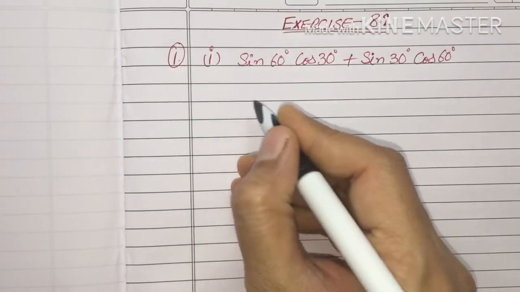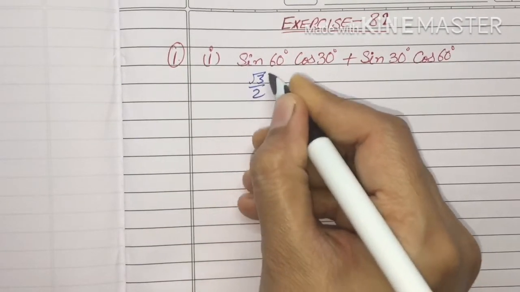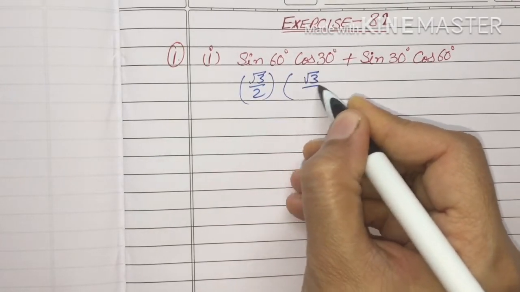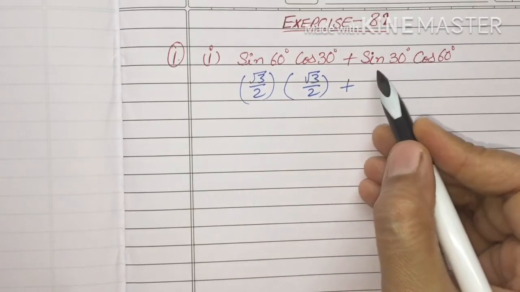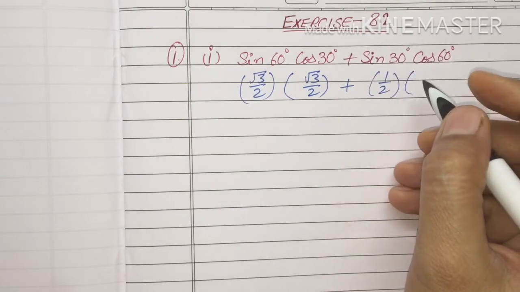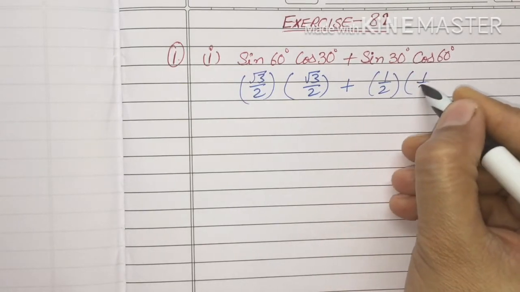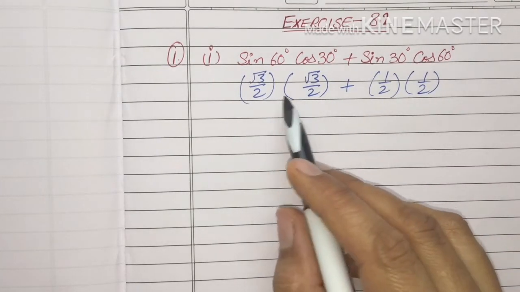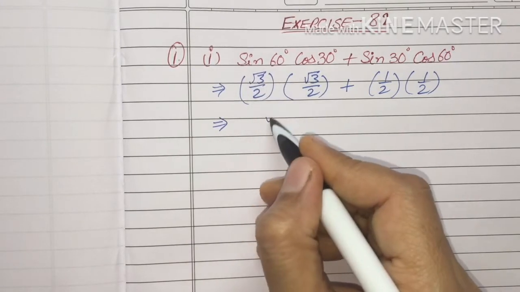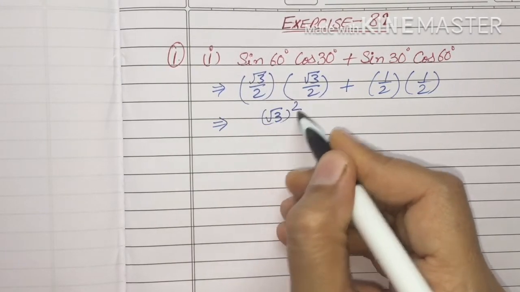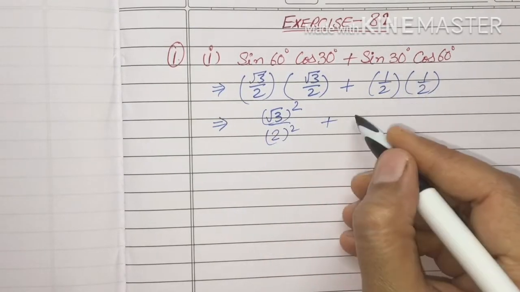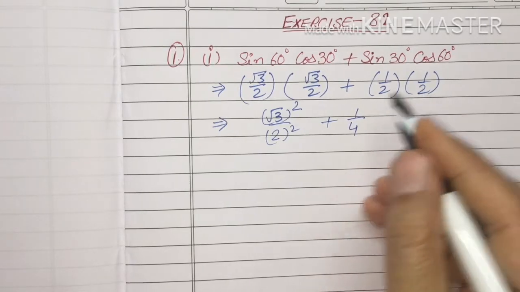So sine 60 is root 3 upon 2, we will put it in the bracket, and cos 30 degree is root 3 upon 2, plus, now we will put the value of sine 30. Sine 30 is 1 upon 2, and cos 60 is also 1 upon 2. So we will now multiply these values, root 3 and root 3, so square of this, plus we will multiply 1 upon 2 to the 4.